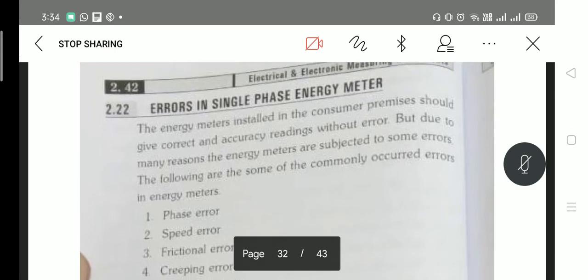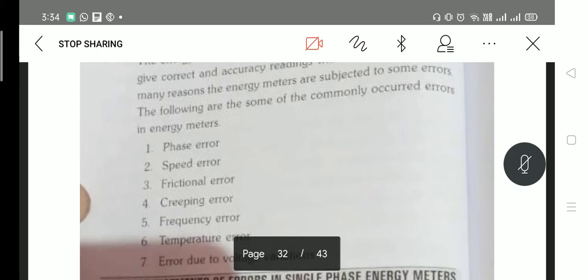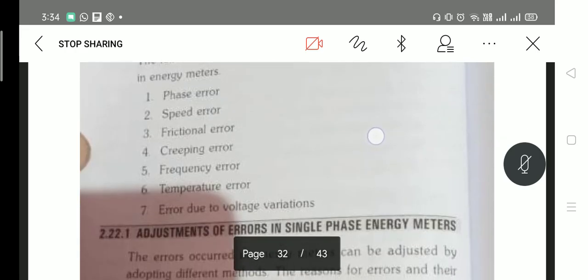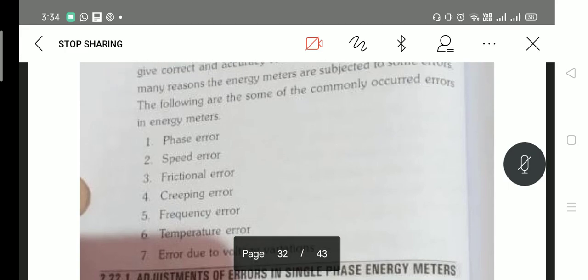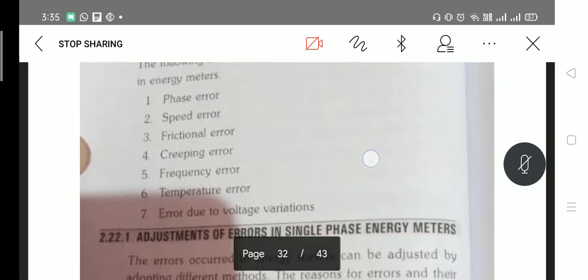In these energy meters we also have some errors: phase error, speed error, frictional error, creeping error, frequency error, temperature error, and error due to voltage variations. We can see each error in detail.